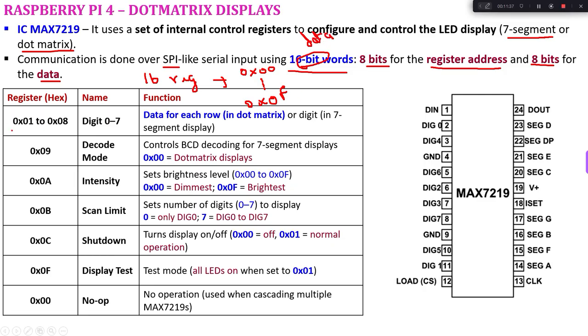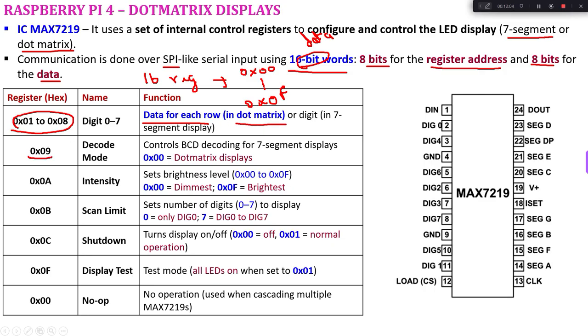For example, addresses 01 to 08 represent the data for each row. When I activate a particular column, I have to send a value for the rows, 8 rows one by one. Those 8 row contents are stored in 01 to 08, the data for each row in the dot matrix display.